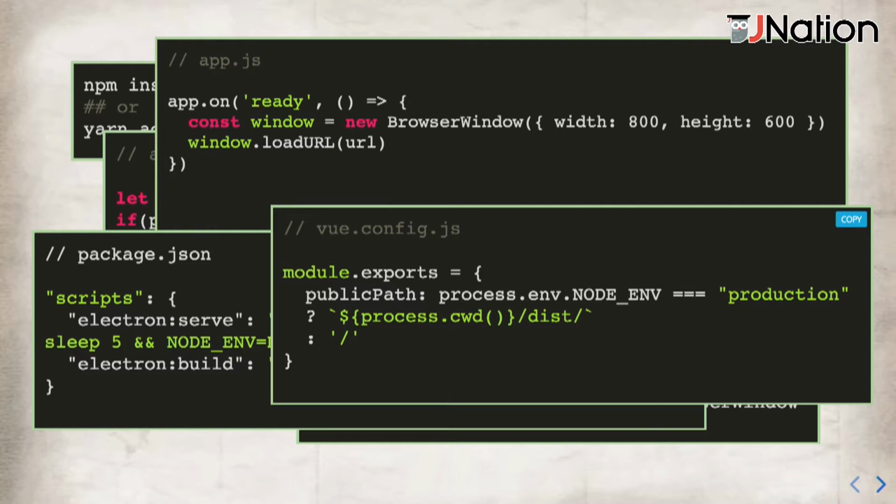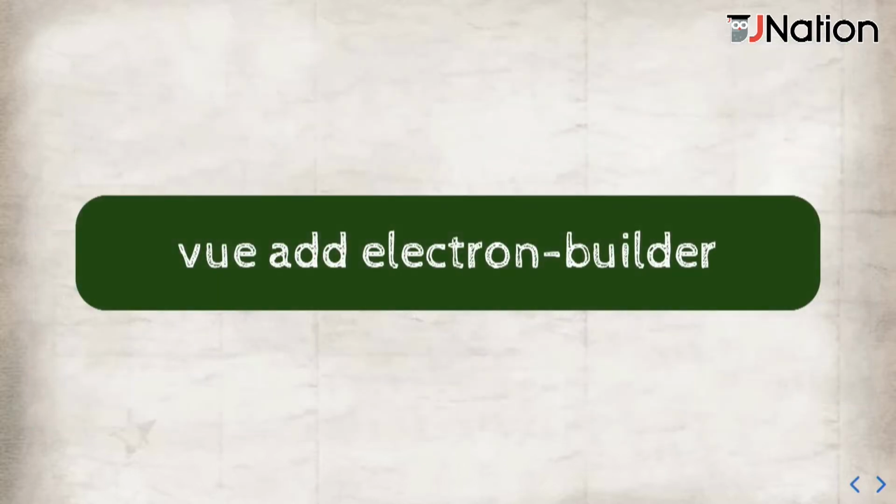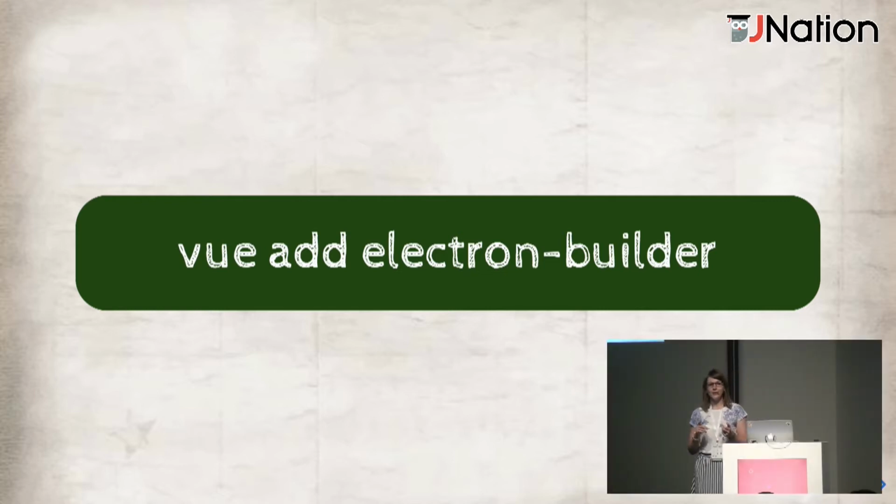Imagine you're an author of a library and you know people should take all these steps to install something to their application. What if we can do it with one command, with one string, that will care about everything, that will install all dependencies, change files, create the Webpack config, and your application will be converted to an Electron app immediately?